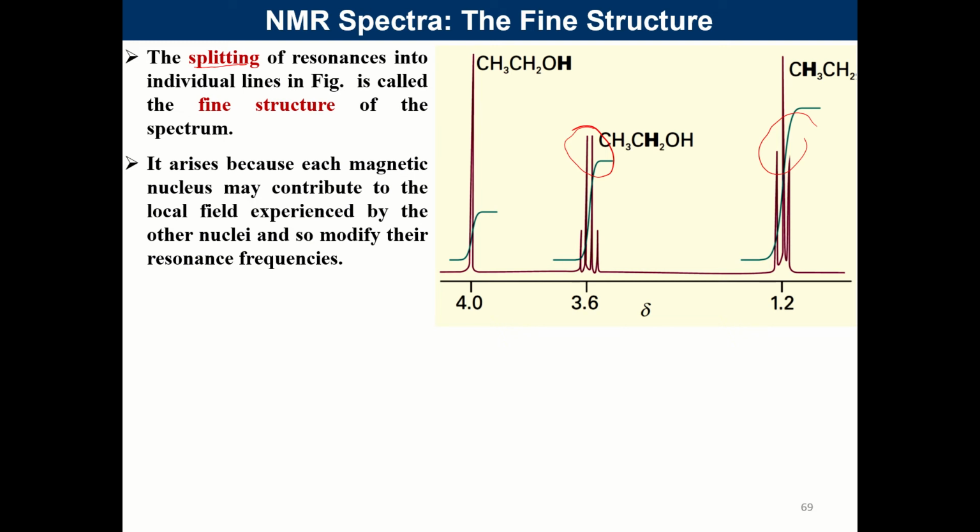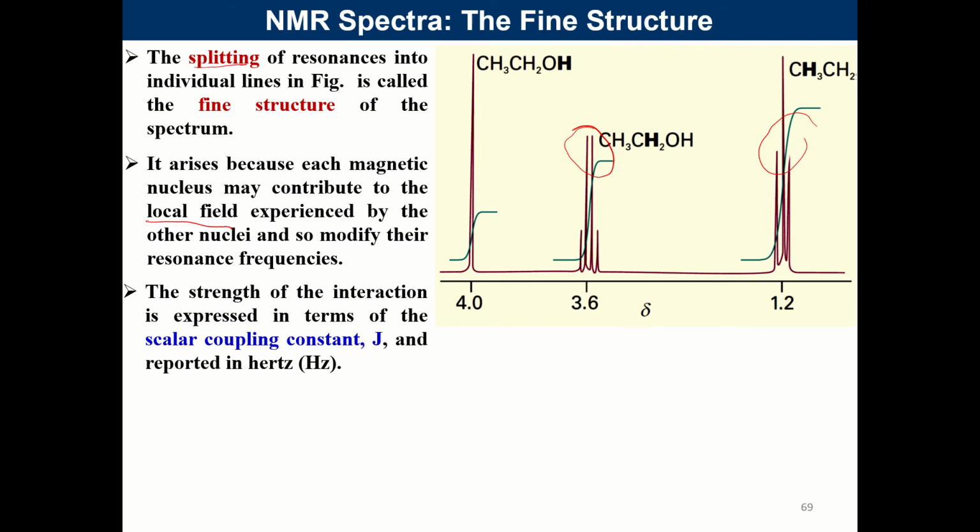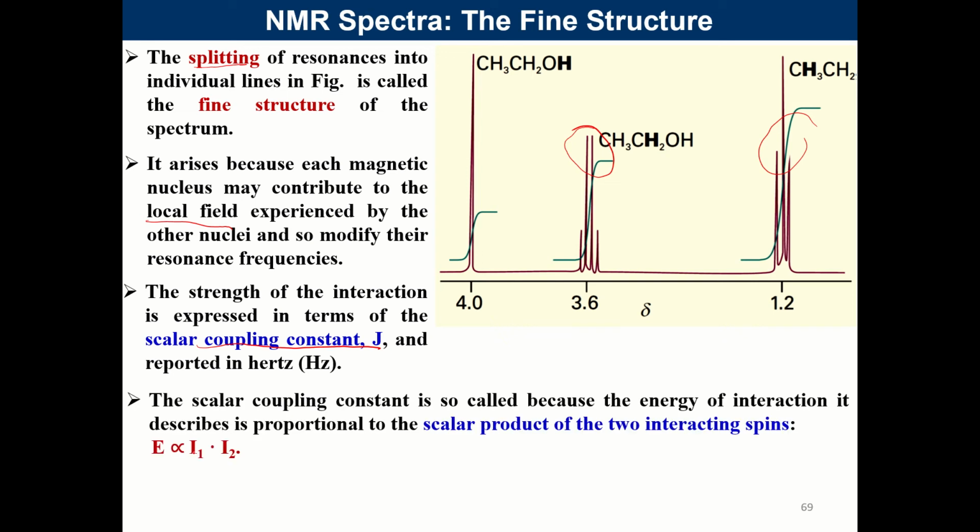Okay, so there is something that happens: you have two nuclei, and a magnetic nucleus can create a local field which is experienced by the other, what we know as the interaction of the two magnetic moment vectors. So the coupling constant J is defined to represent the interaction strength of the two nuclei, such that the energy of interaction is given by the dot product, and that's why we call it the scalar coupling constant.